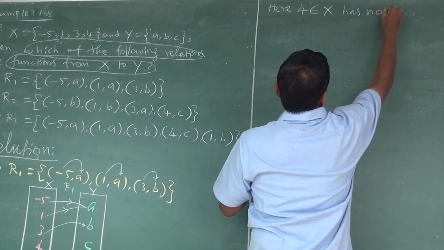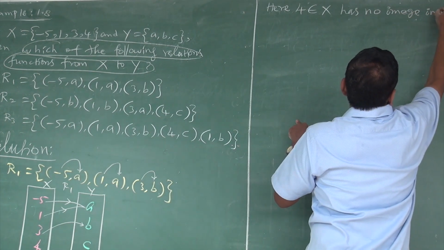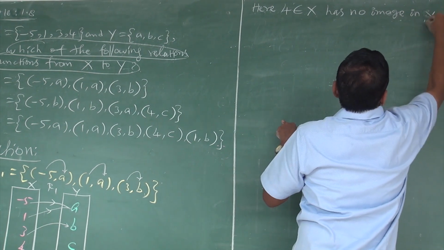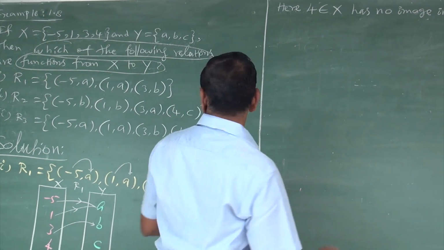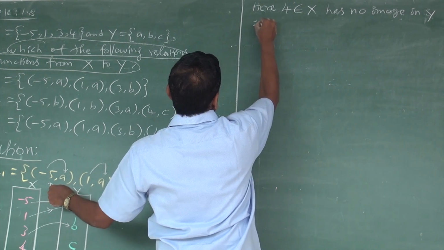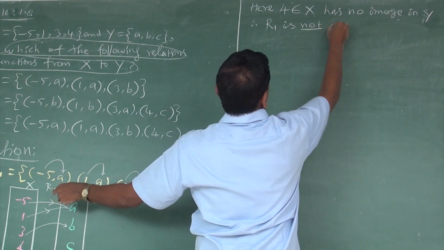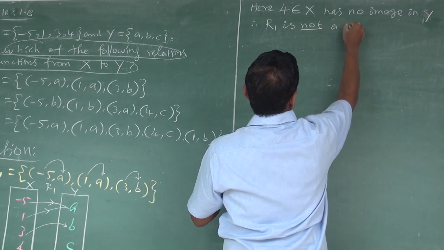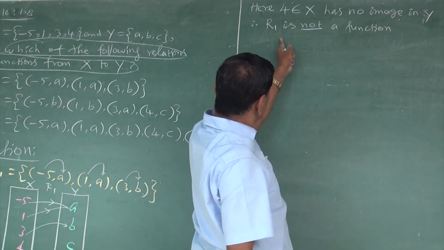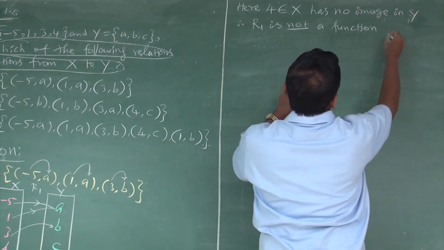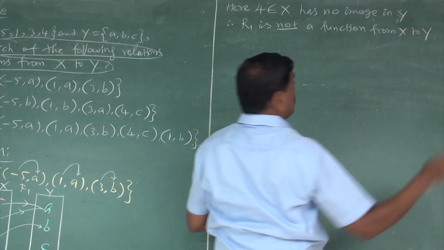As no image in Y, therefore the relation R1 is not a function from X to Y. Okay, first subdivision completed.